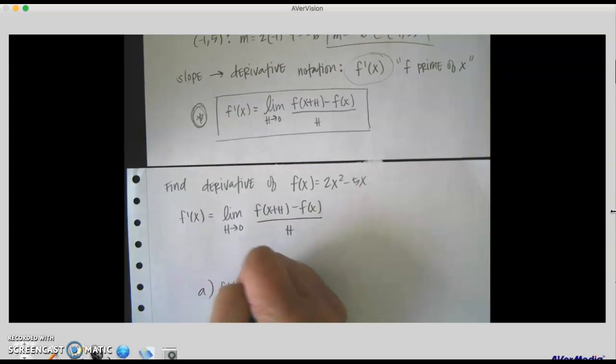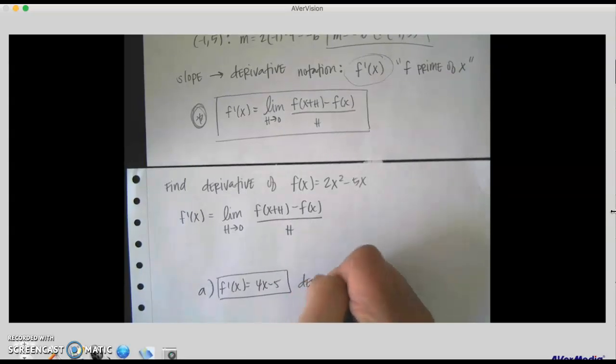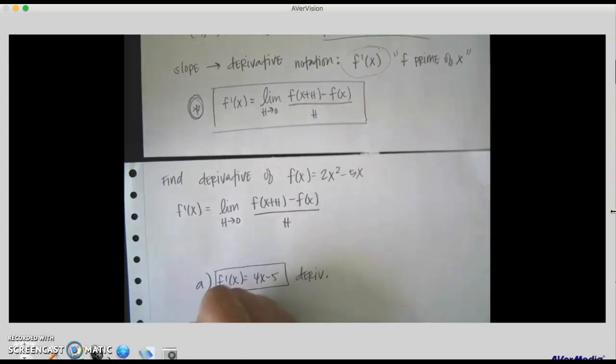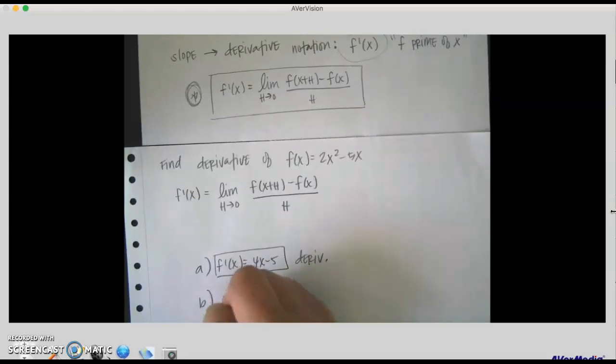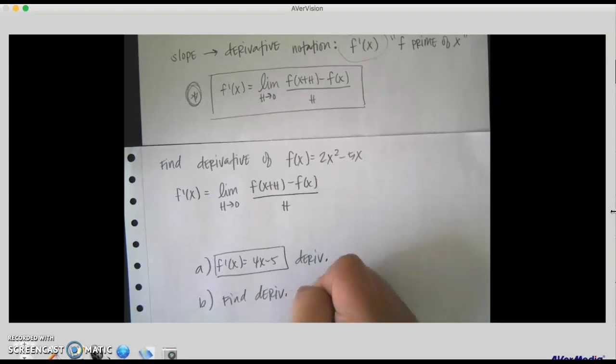4x minus 5. So this is your derivative. Part B, find the derivative at the point -3, 33. Again, meaning find the slope. And see if you get -17.